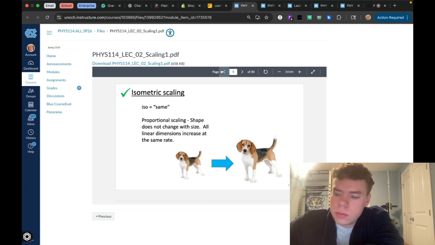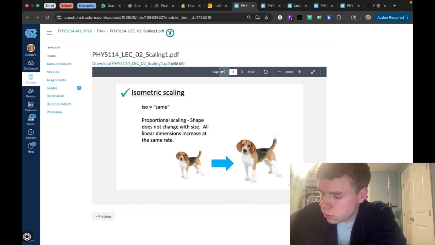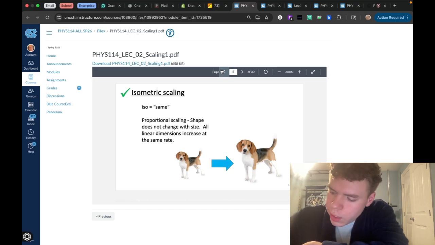For the definition, I'll just say everything grows at the same rate. And that is isometric slash proportional scaling.